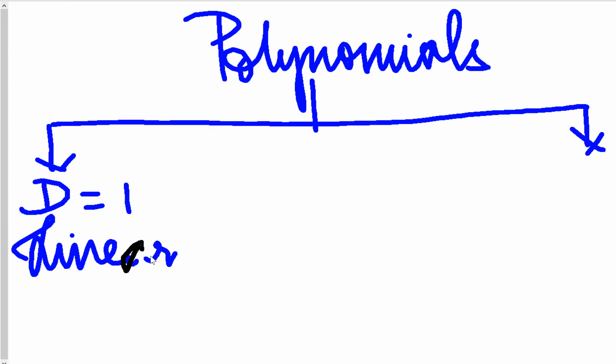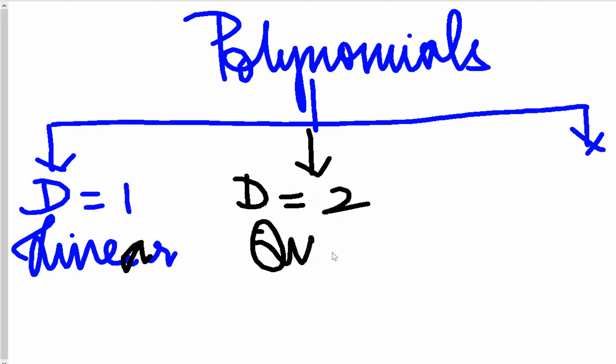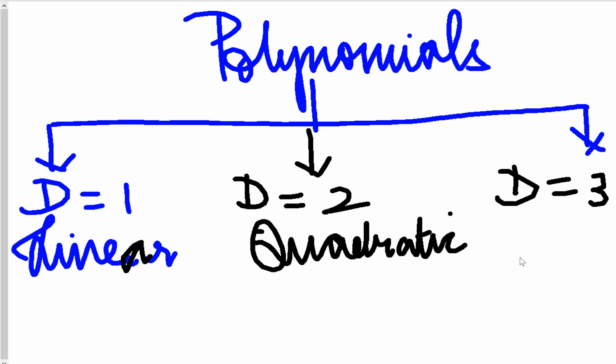If degree equal to 2, then we call it a quadratic polynomial. If the degree is equal to 3, we call it a cubic polynomial, alright? Now that we are quite clear with the types of polynomials, let's move to another example.